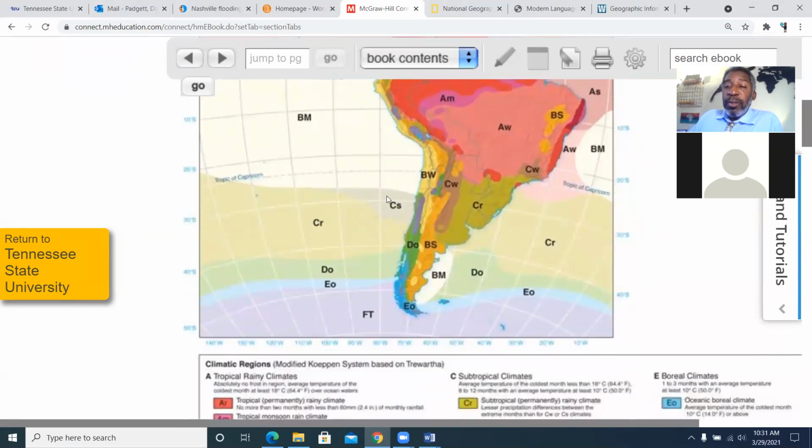Once we get south of the Tropic of Capricorn, we do see a little greater presence of C climates and even D climates in the higher latitude south region. But that's mostly associated with the high altitudes of the mountains. And then we get into the E climates as we approach the South Pole.